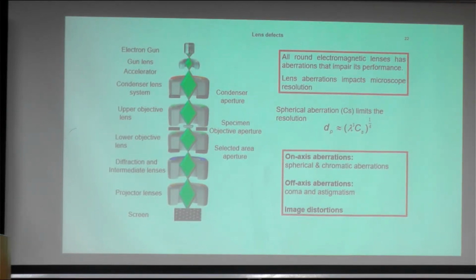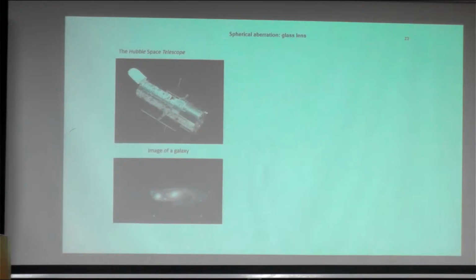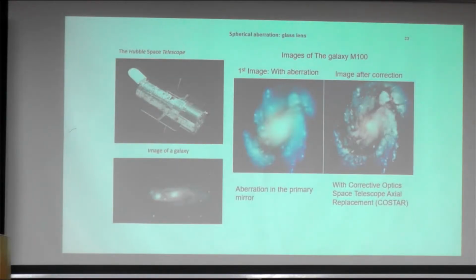Let us look at the effect of this Cs value on the imaging. Maybe you know about the Hubble Space Telescope, which allows us to observe different galaxies. And as it was constructed, here is the first image of a galaxy, like M100. They looked and found, oh yes, we can see it, but this image was blurred, and this was because of aberrations or defects of the lenses.